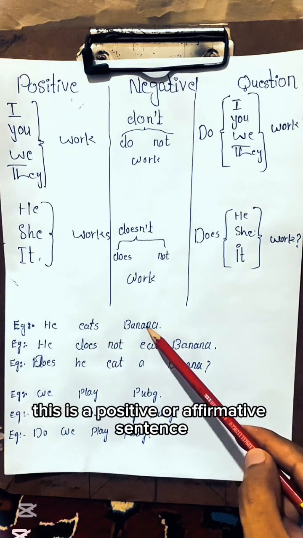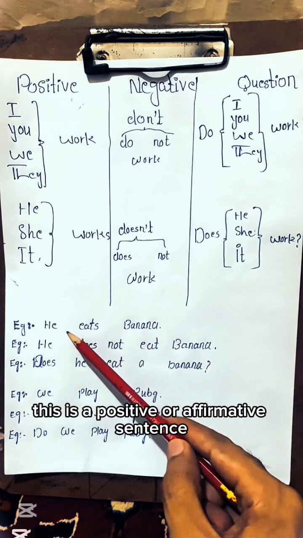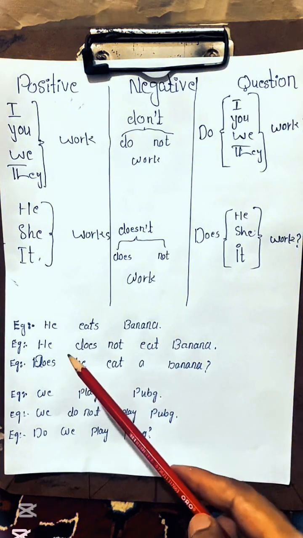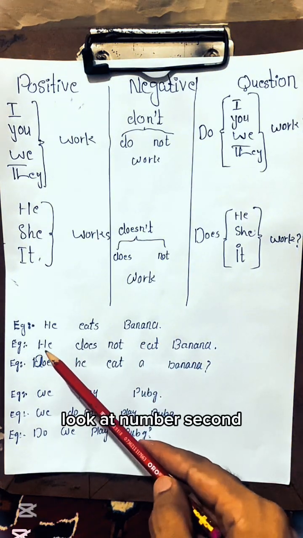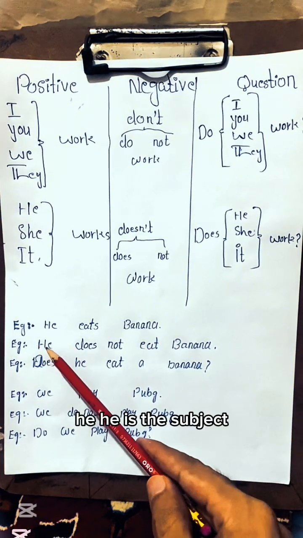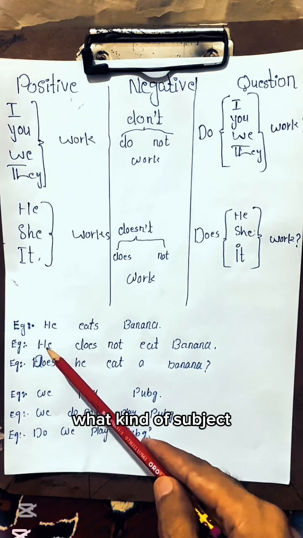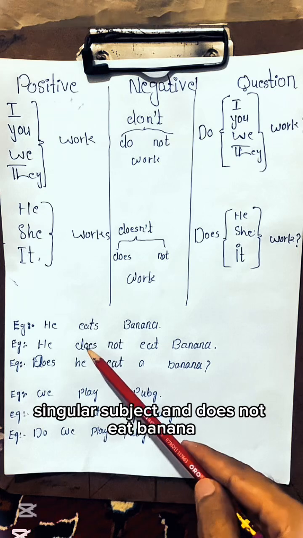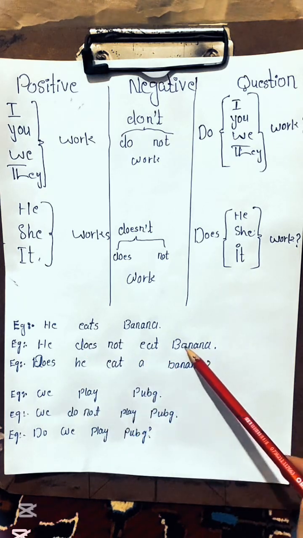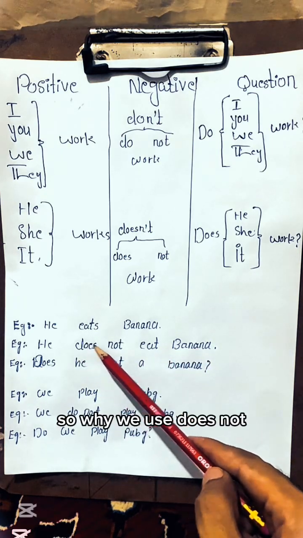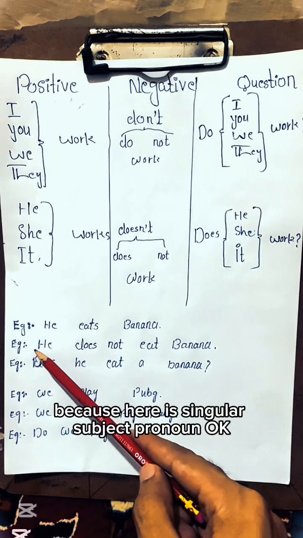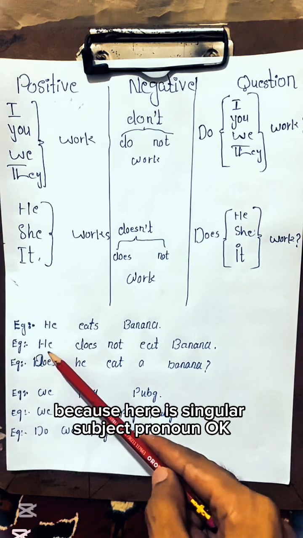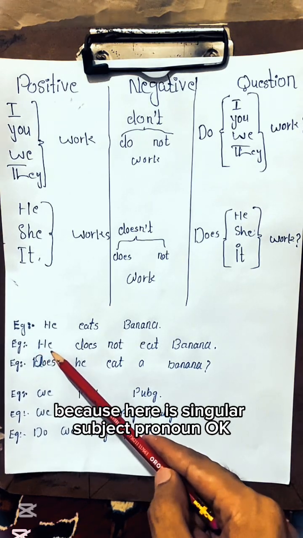This is a positive or affirmative sentence. Look at number two. He is the subject. What kind of subject? Singular subject, and does not eat banana. So why do we use does not? Because here is a singular subject pronoun.